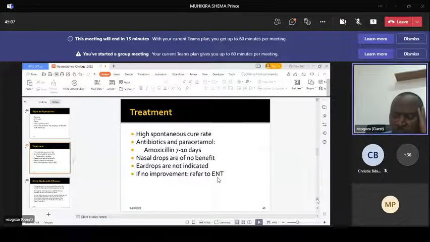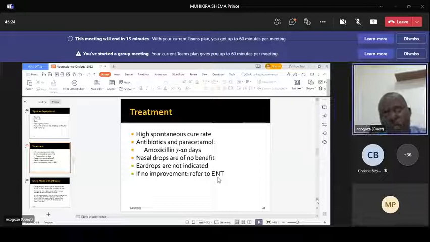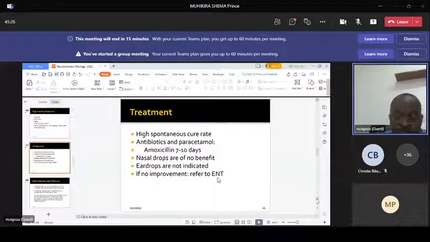This is how it happens. But as I said, it may be closed because of disease, especially upper airway tract infection, upper airway tract allergies, upper airway tract obstruction like adenoids and other diseases, polyps and other tumors.